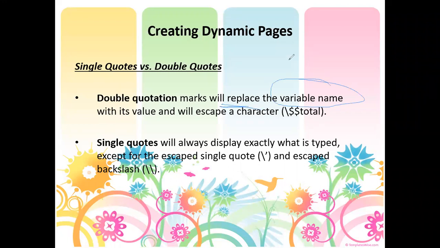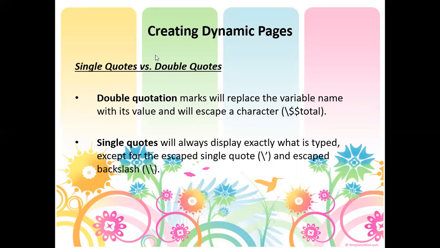Okay, so keyword replace with its value and will escape a character. Okay, so what about single quotes? They will always display what is typed except for the escape single quote and escape backslash. So again, double quotes or double quotation marks will replace the variable name with the value.